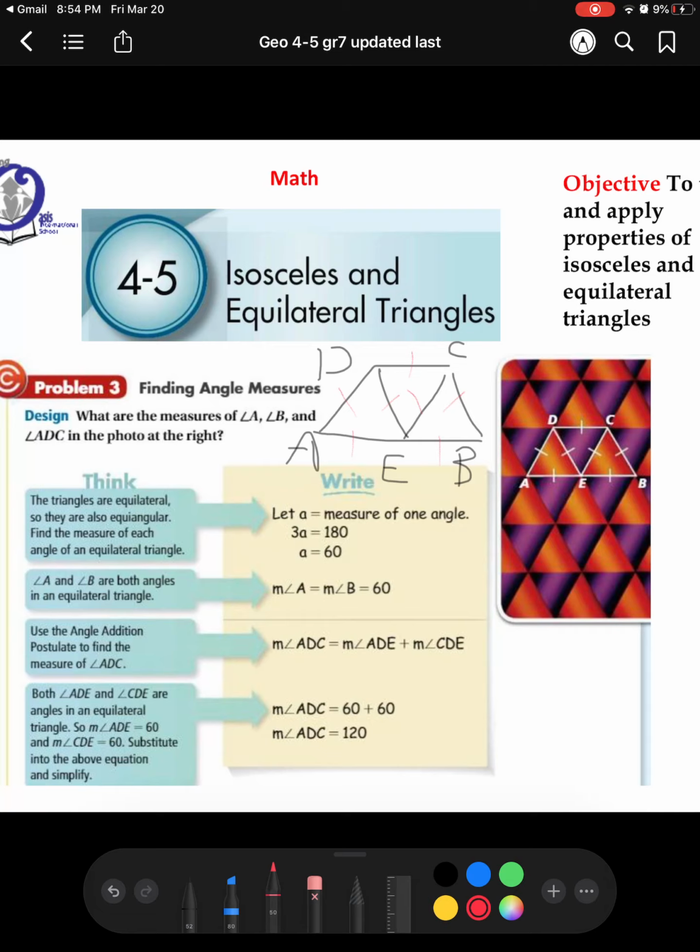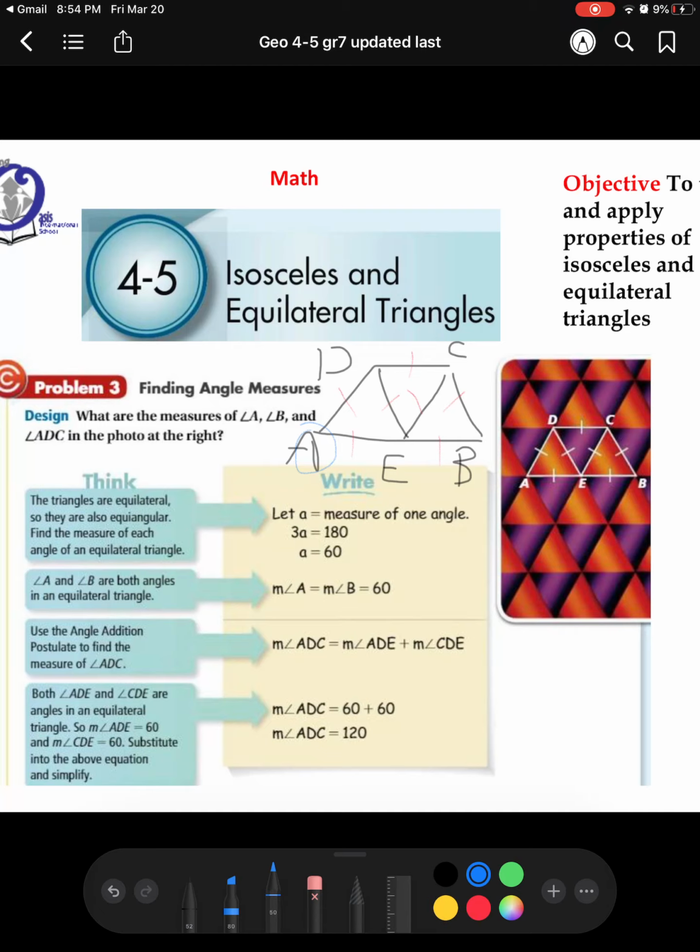Okay, now he's telling me what is the measure of angle A. First of all, this is angle A, right? Since we are talking about an equilateral triangle, this means the 180 is divided equally into three angles. In any triangle, the sum of the three angles equals 180.